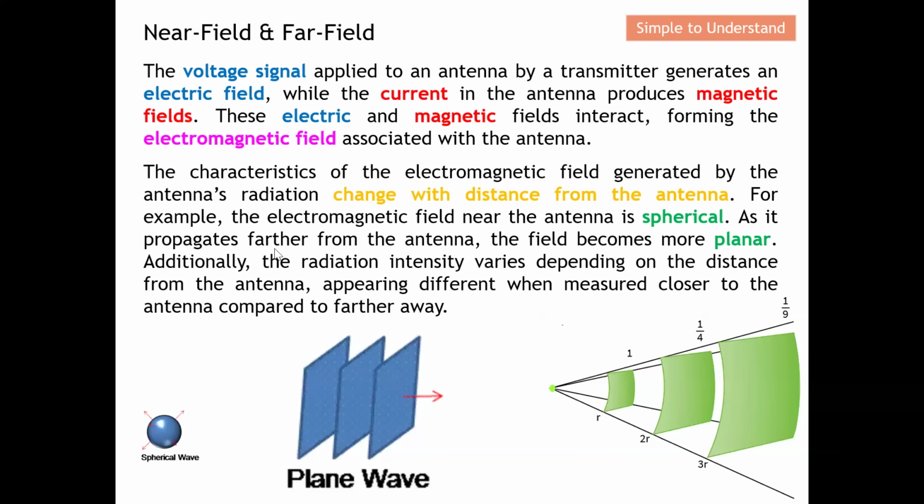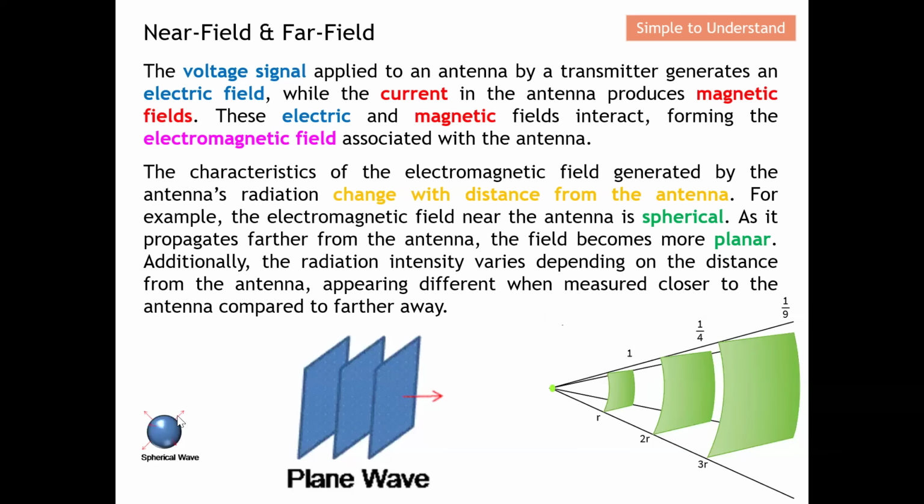As it propagates further away from the antenna, the field becomes more planar. As you can see from here, when they travel further away from the antenna, they behave more like a plane. Additionally, the radiation intensity also varies depending on the distance from the antenna, appearing different when measured closer to the antenna as compared to further away.